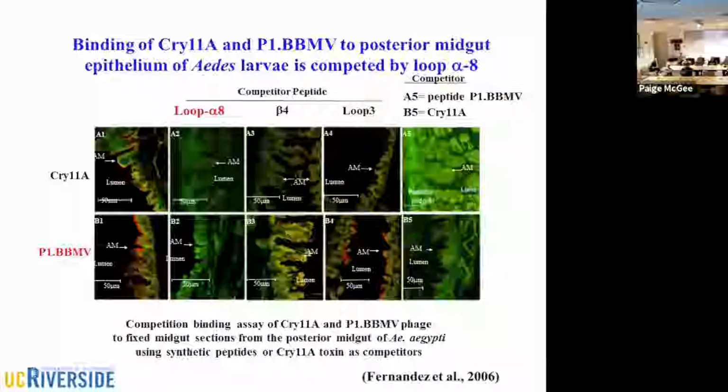And if you do this binding and compete that with loop alpha 8 peptides, for example, you see that you have competed nearly most of the binding that is present. And in this way, we can identify which are the domains and which amino acids are involved in actually binding to the midgut. Now, as you can see further, loop beta 4 and the beta 4 sheet and loop 3 do not compete as well as loop alpha 8.